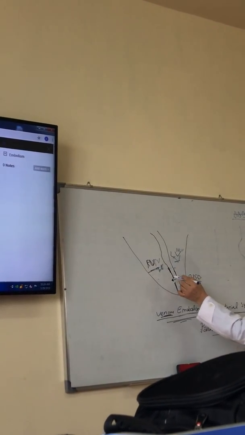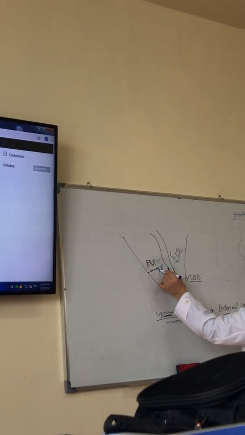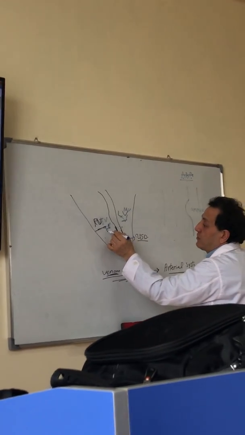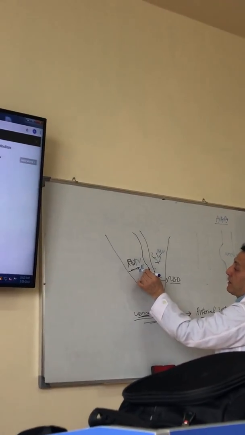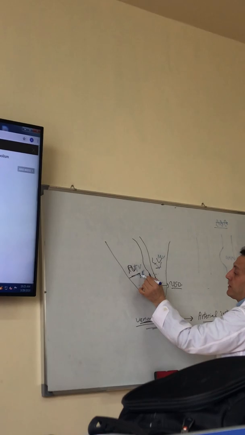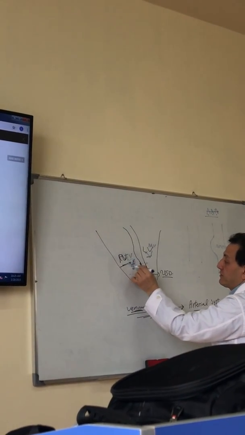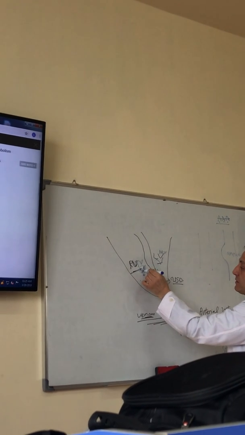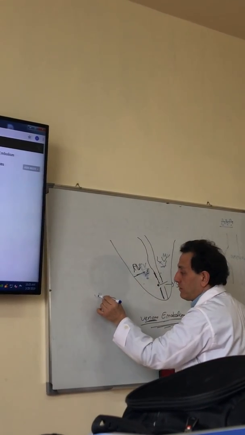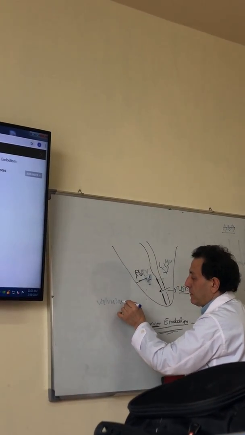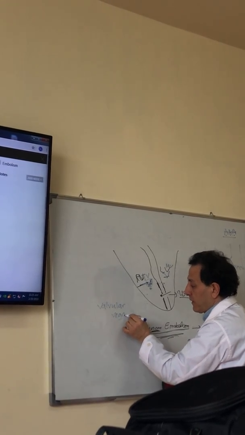This atherosclerosis then can become infected or ulcerated, and they can be a source of embolization. So these are called valvular vegetations.